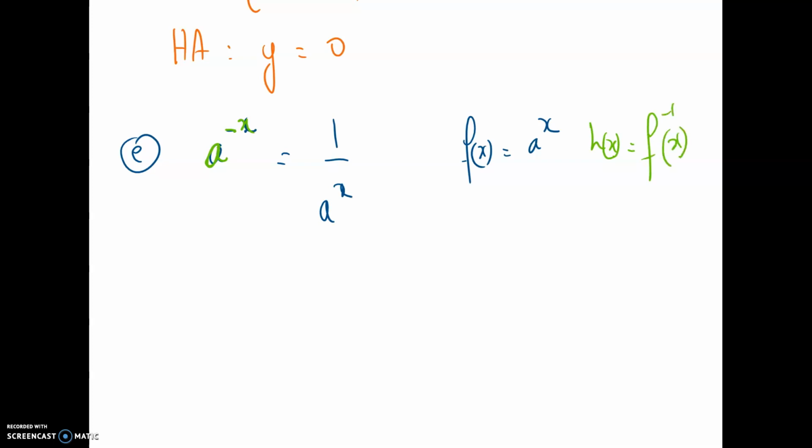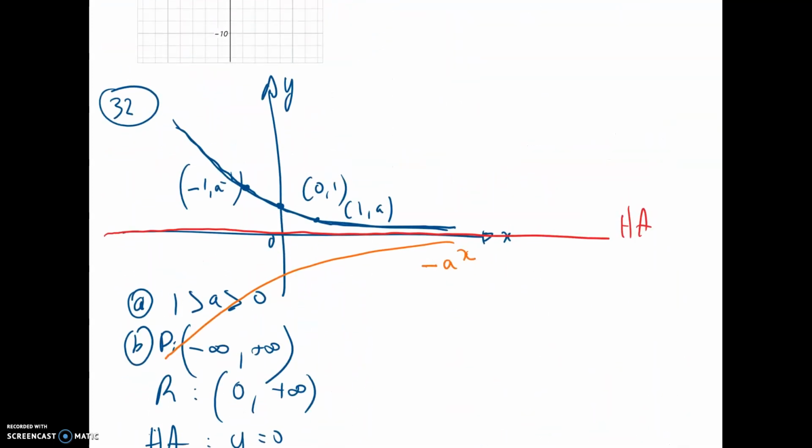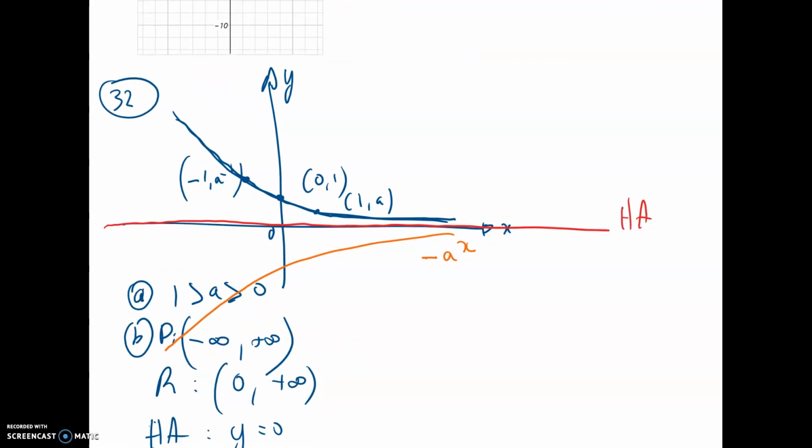So what I'm going to do is have on my graph, and let me use this graph right here, the function h of x that will be the inverse of the function f of x right here.